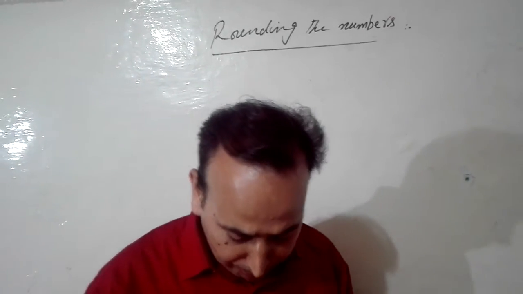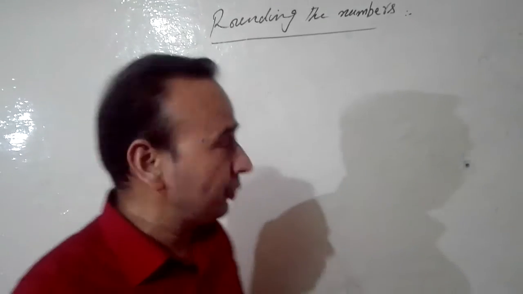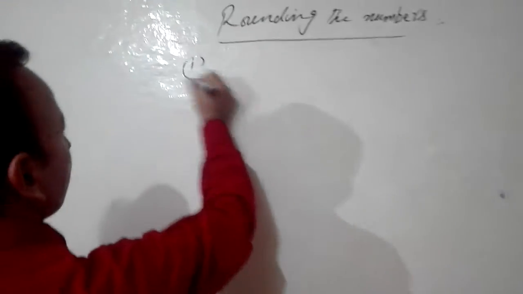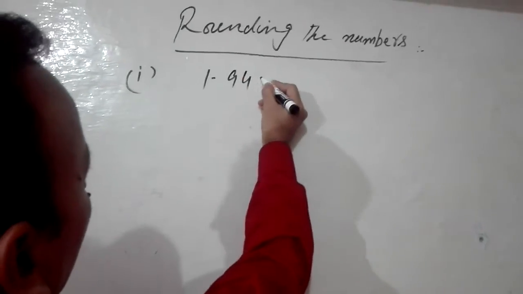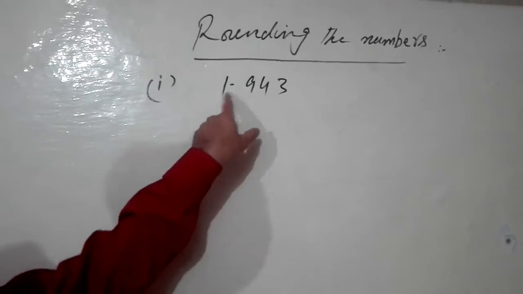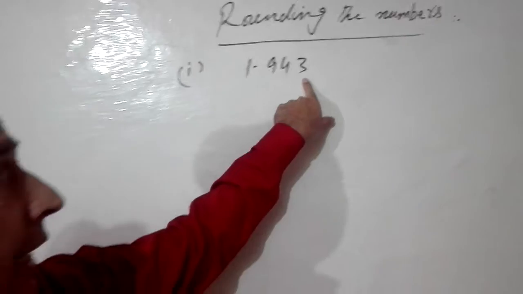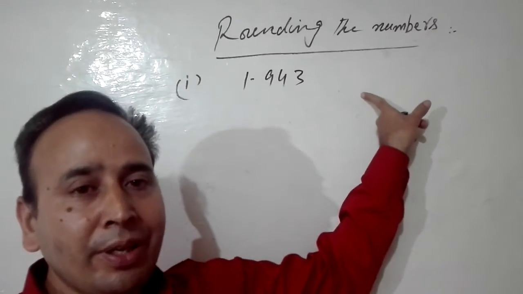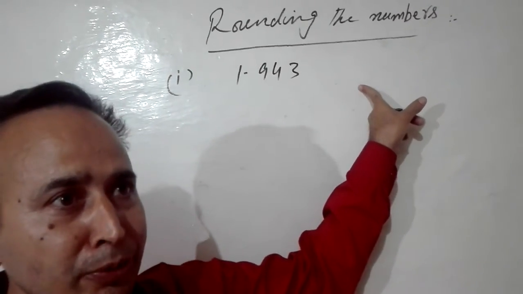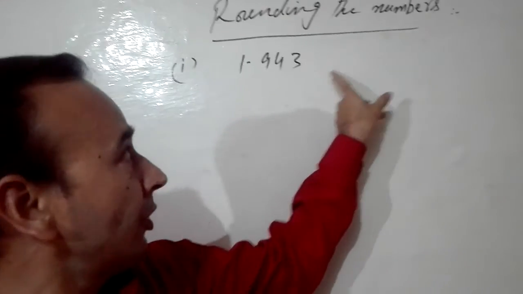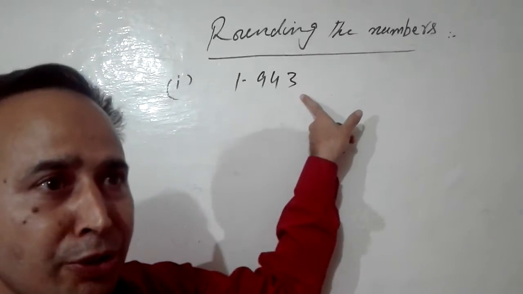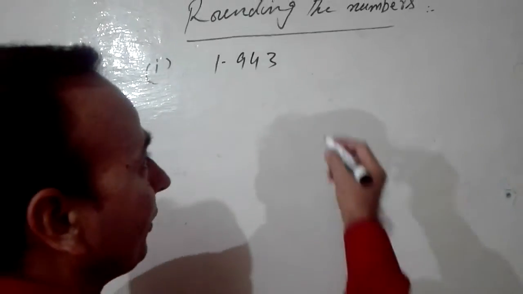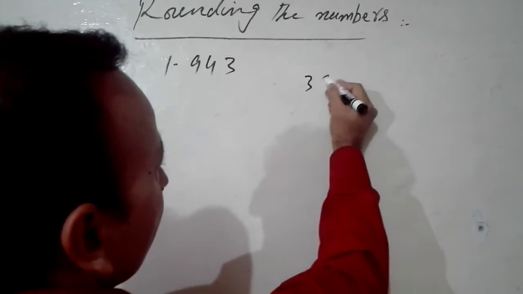Suppose there is a number like 1.943, and the examiner or the person who is asking us asks us to round this number to three significant figures.